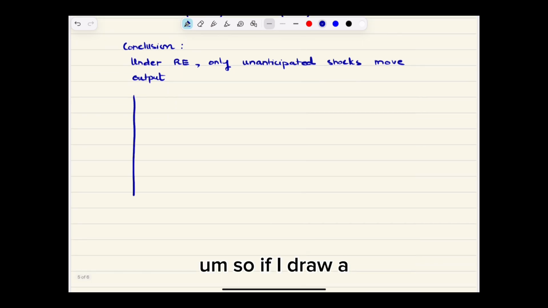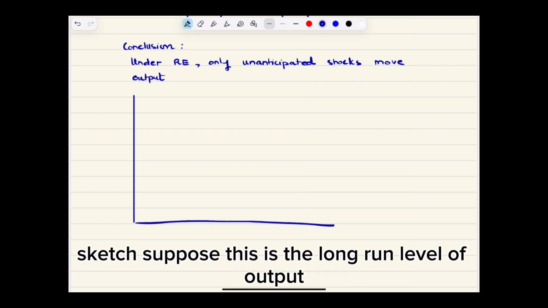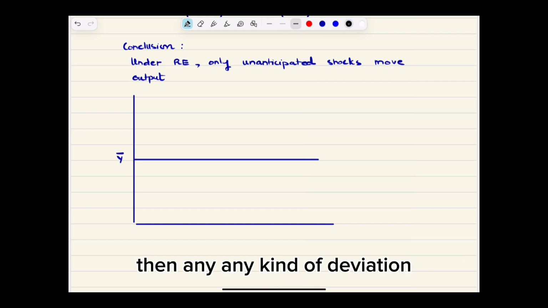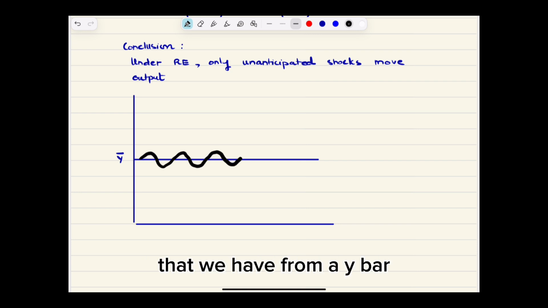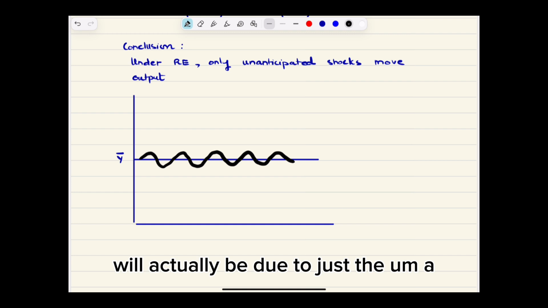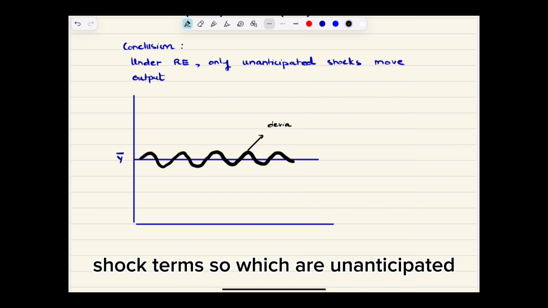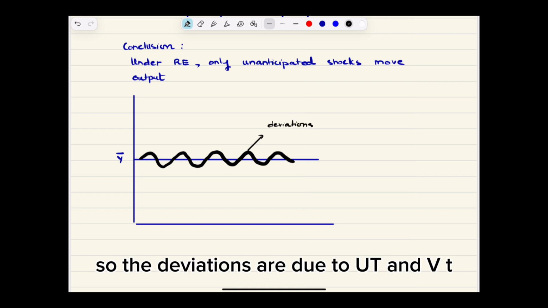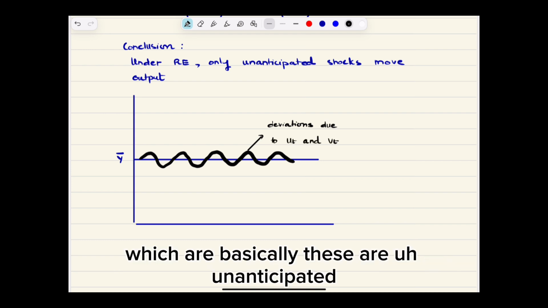So if I draw a sketch, suppose this is the long run level of output, then any kind of deviation that we have from y bar will actually be due to just the shock terms, which are unanticipated. So the deviations are due to ut and vt, which are basically unanticipated.